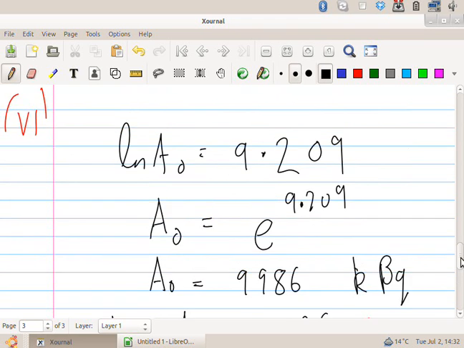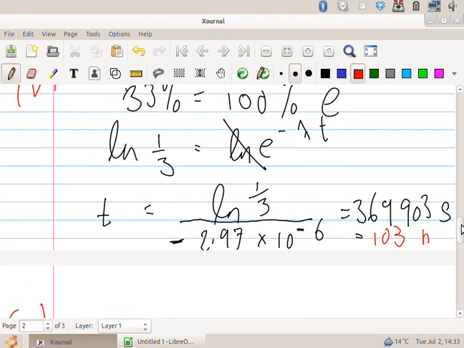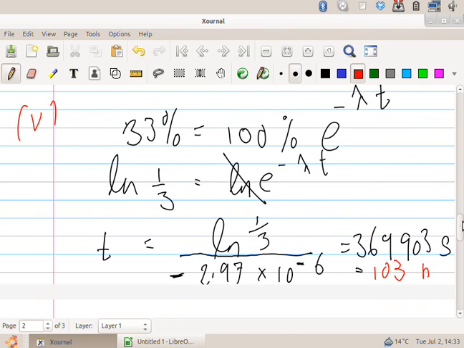Well, that's easily fixed. Just take this and divide it by 3,600. So that's seconds, and if you divide that number by 3,600 we'll get hours. 102.75. So 103 hours. Are we to do the same for the other one? No, it just says it for this one, for number 5.